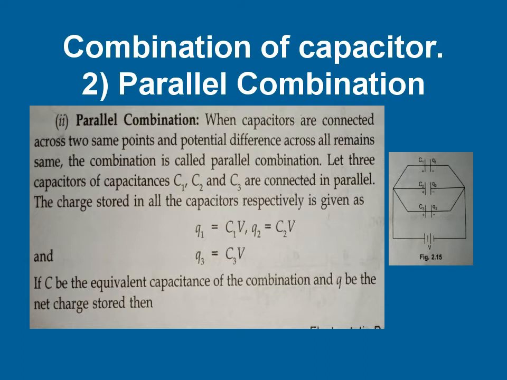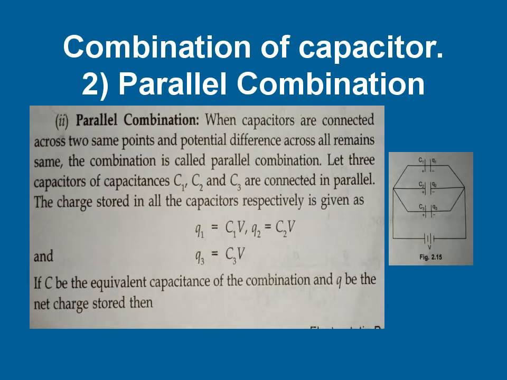Now we have to find the equivalent capacitance in parallel combination. Suppose C, or we can denote it by Cp, is the equivalent capacitance of the combination, and Q is the net charge stored.